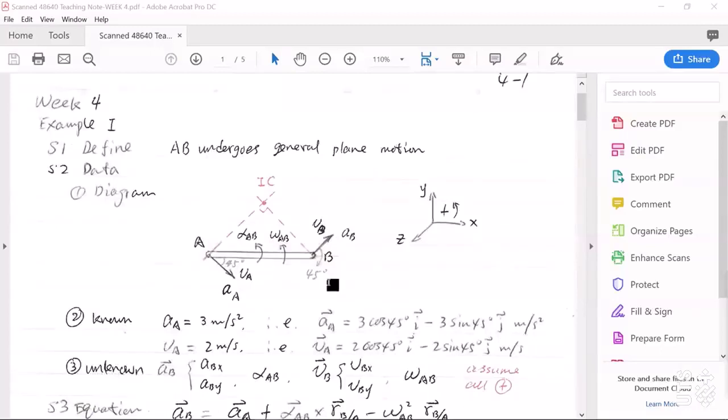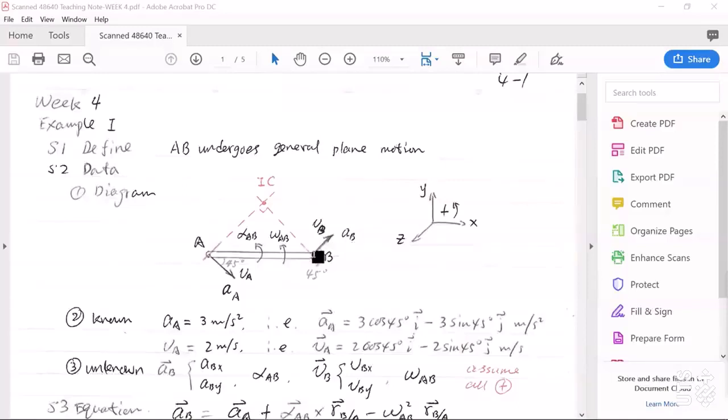In the very beginning, we can assume VBX and VBY are positive. We can also assume ABX and ABY are positive. So this will give us the directions of VB and AB like this.